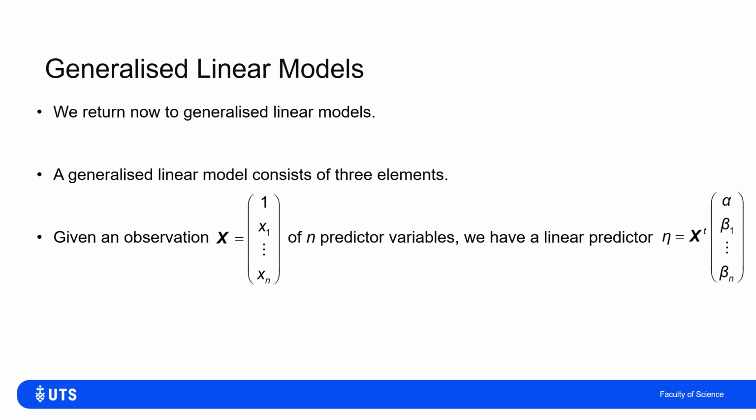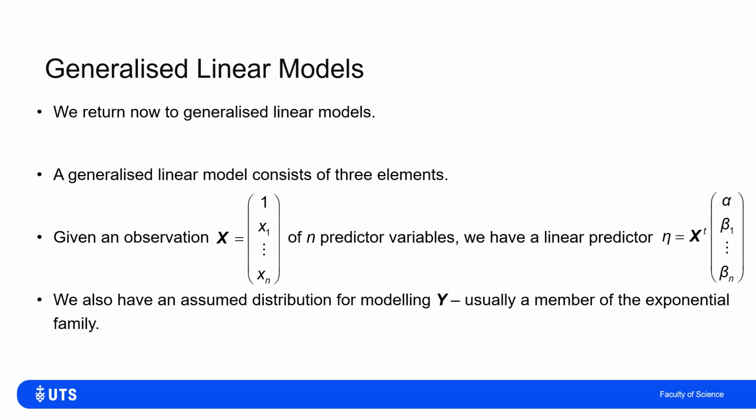And so for my observation vector, which I'm calling x, then I have this linear predictor nu, which I'm calling x transpose multiplied by alpha, beta 1, beta 2, up to beta n. So note the presence of the intercept term alpha necessitates the presence of the 1 at the top for one lot of it.